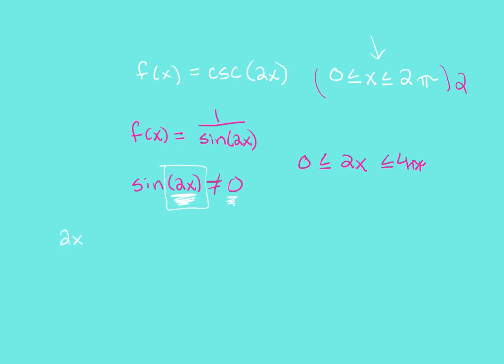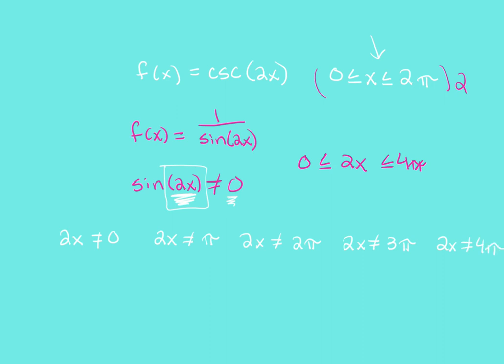So 2x cannot be 0. 2x cannot be pi. 2x cannot be 2 pi. 2x cannot be 3 pi. And 2x cannot be 4 pi.